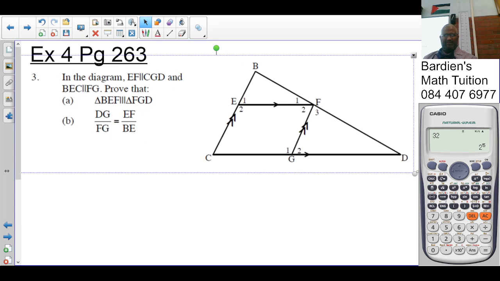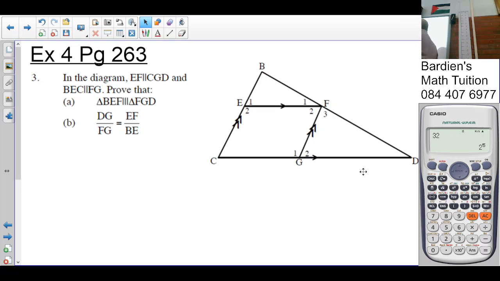Okay. So here we are told that in the diagram, EF is parallel to CGD. They didn't have to say that. They could have just said CD. Okay. If those are lines of parallel, what do we know?